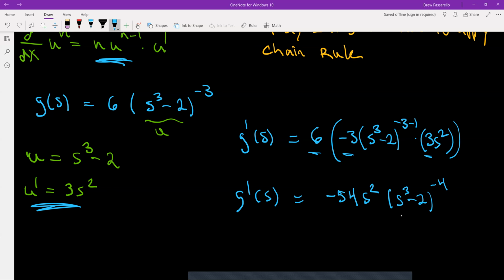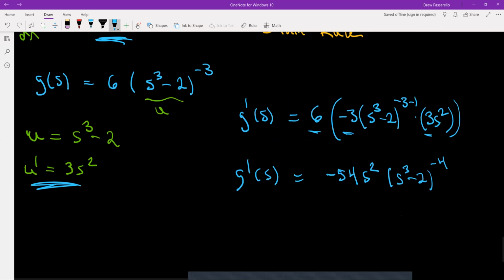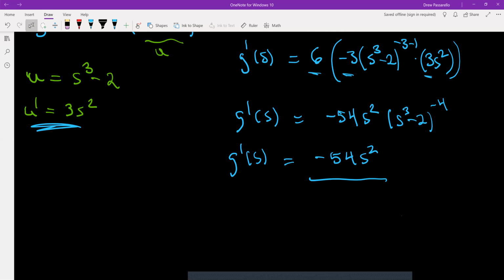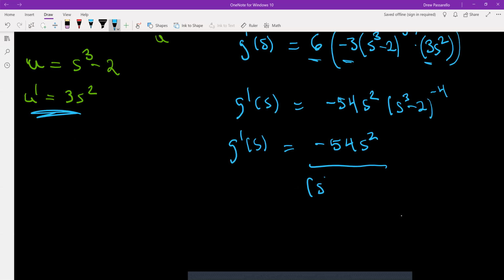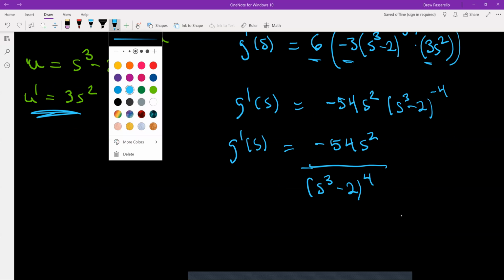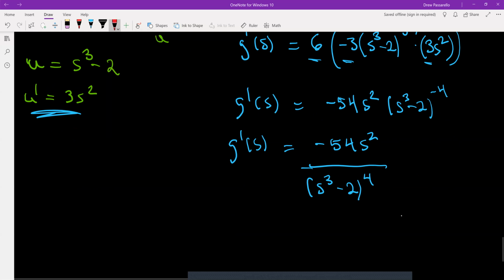That's a negative exponent, so I want to make it positive, so I put it in the denominator. So you have -54s squared up top, divided by s cubed minus 2 to the 4th. And that's going to be our answer.